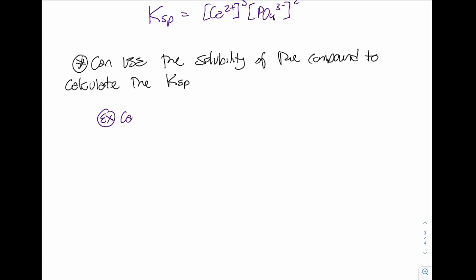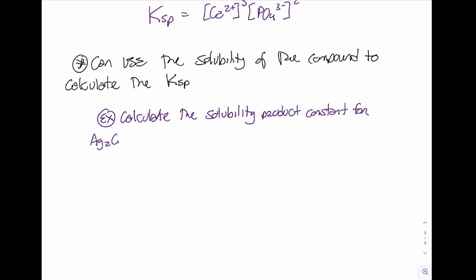So we're going to calculate the solubility product constant for silver chromate. Again, if you need to review nomenclature, please do. Chromate is one of those polyatomic ions that you needed to have learned last semester or whenever you had 151.